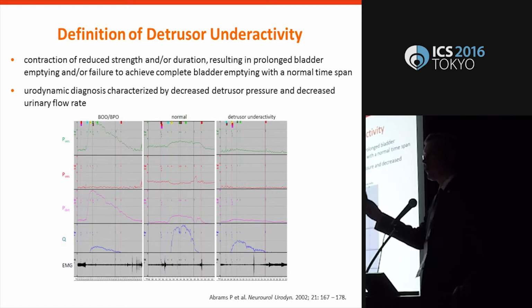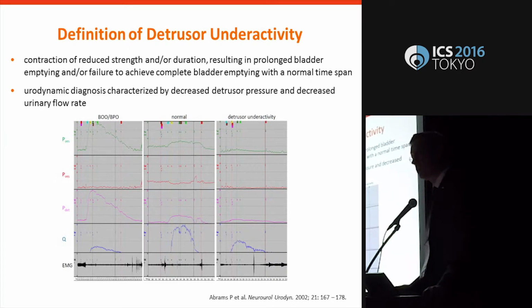And when I teach my residents, I like to show exactly that image that I'm showing you here right now. So this is the normal situation. You have the intravesical pressure, intra-abdominal pressure. This is the detrusor pressure, urinary flow, and EMG. You are looking now for the relation of pressure and flow. Here is the pressure of the detrusor, so it's a low pressure and a high flow. That's normal.